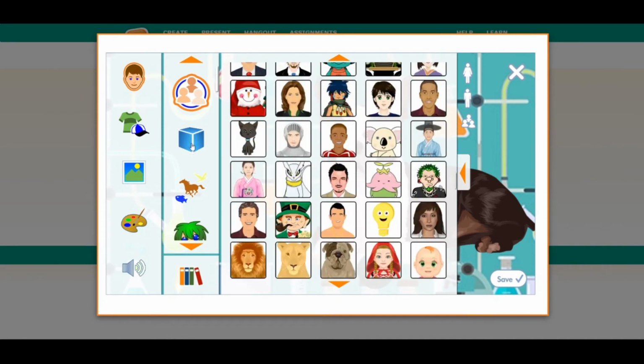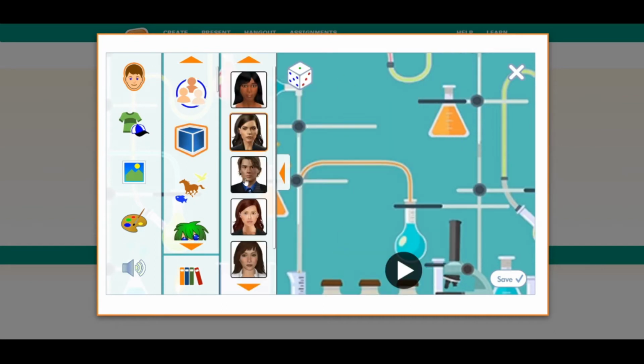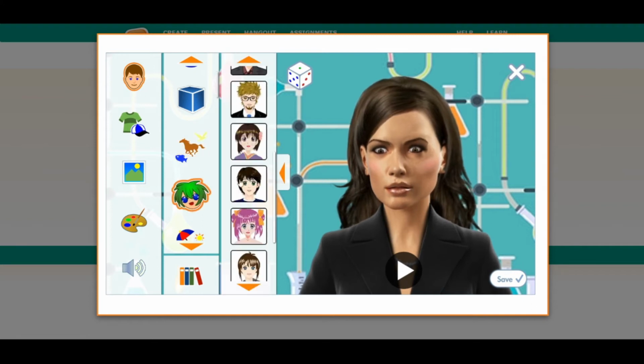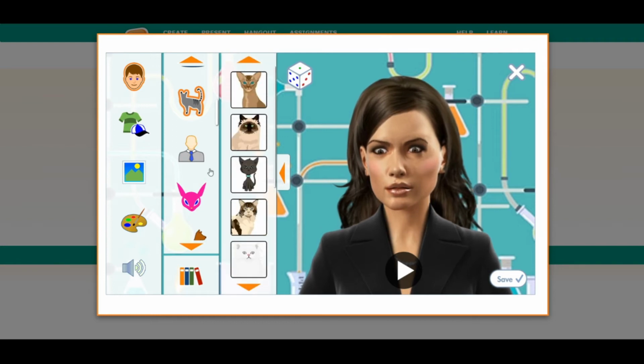If you want to look at the characters by category, you have 3D options. You have animals, anime characters, more animals. Actually, I guess this is cats specifically.